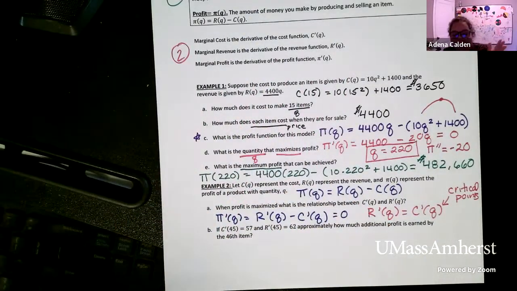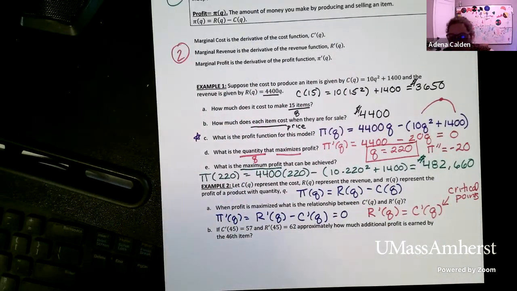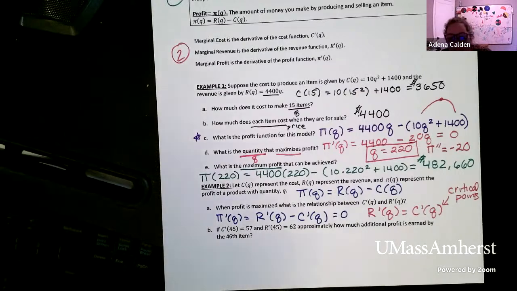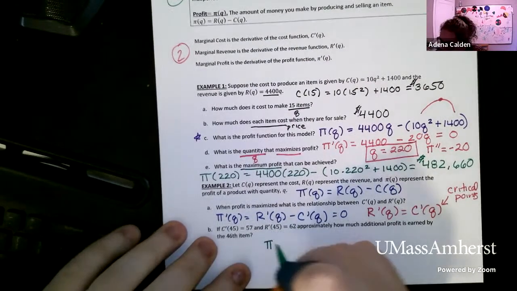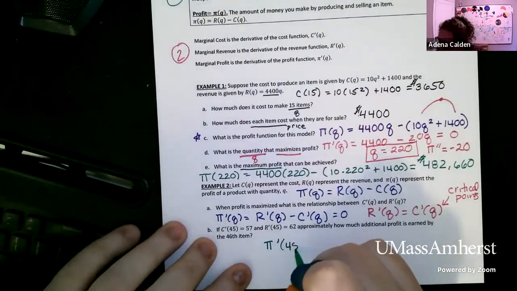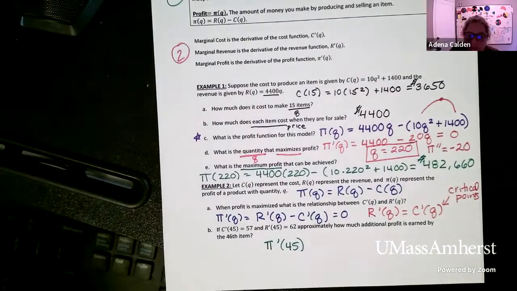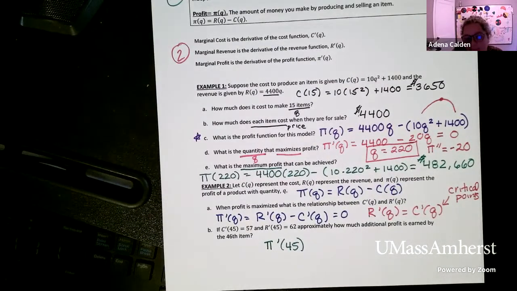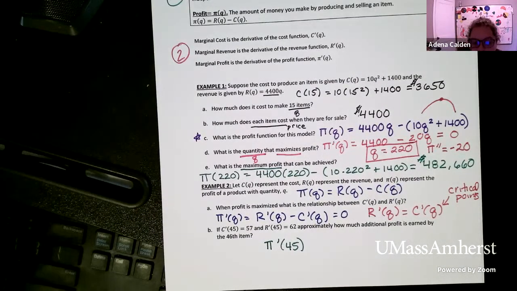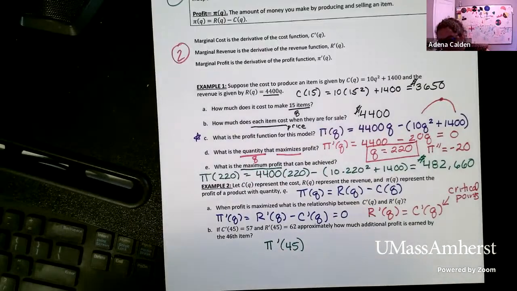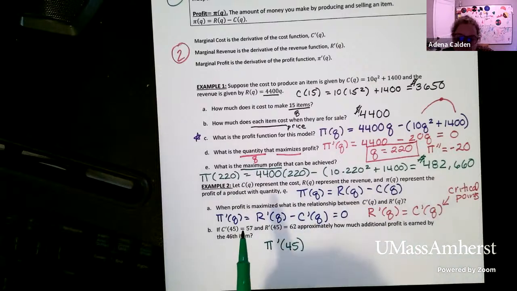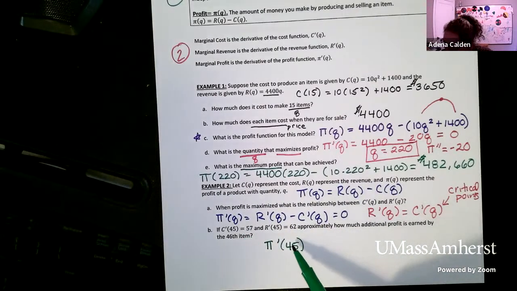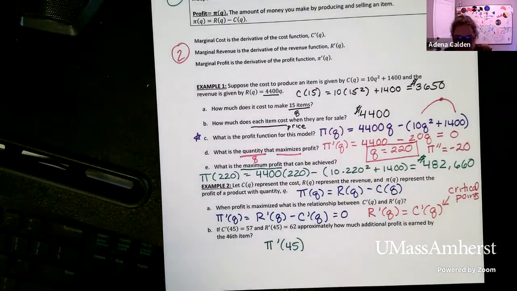It's always the additional cost, additional revenue, additional profit by adding one more item. So what we're really looking for here is the marginal profit at a level of 45 units, because that's going to tell us the additional profit from making and selling one more item, which is the same as the profit earned by the 46th item. That's the profit of going from 45 to 46.